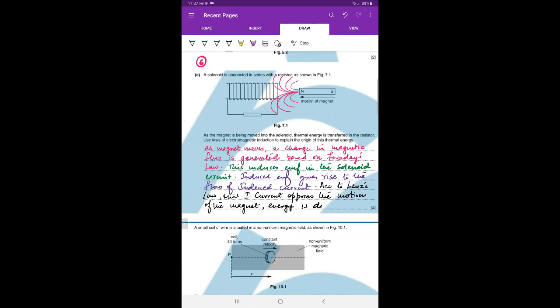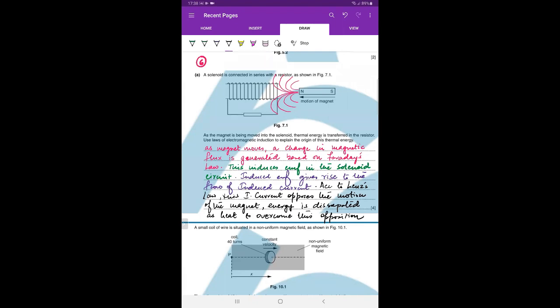Energy is dissipated as heat to overcome this opposition. The wordings doesn't have to be precisely this, but the idea needs to be within the framework of this. So 4 marks के लिए it's the red, the green, the purple and the black.